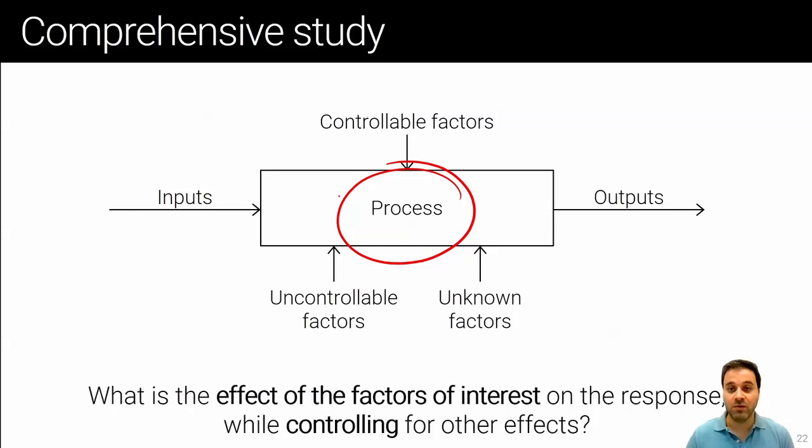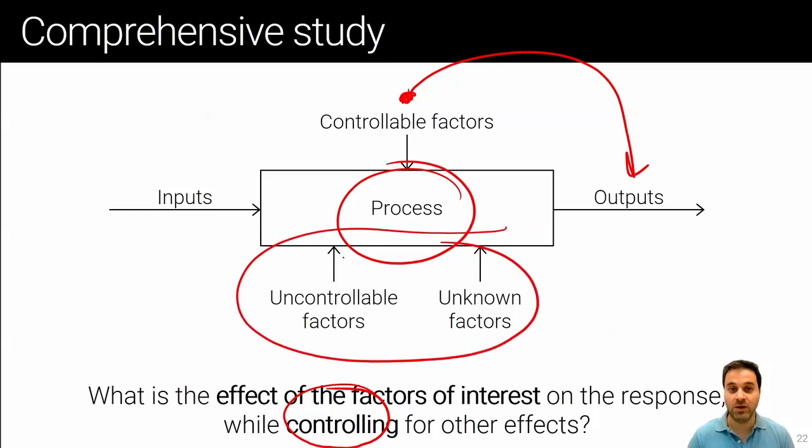What's important to ask is what is the effect of those factors of interest on the response while controlling for the other effects. If I'm interested in something specific here and its effect on the response, it's important that we control for all these other things, so that we moderate, mediate, etc.